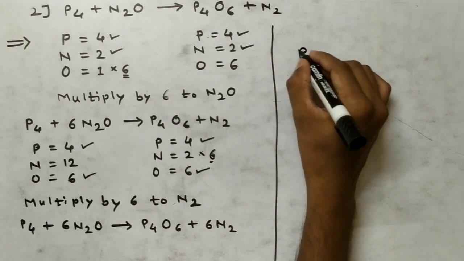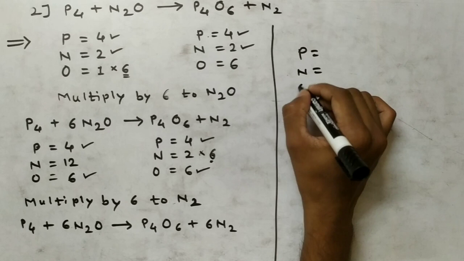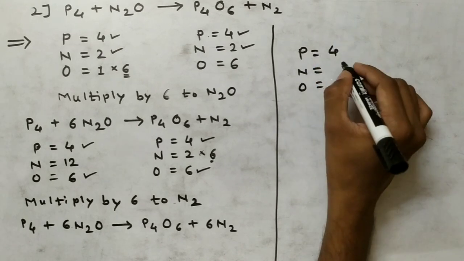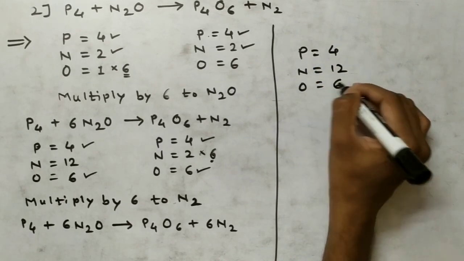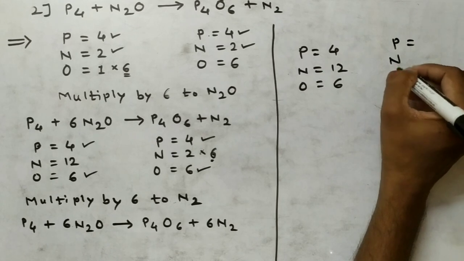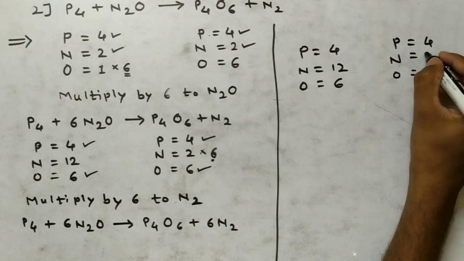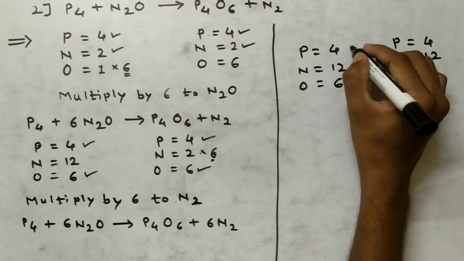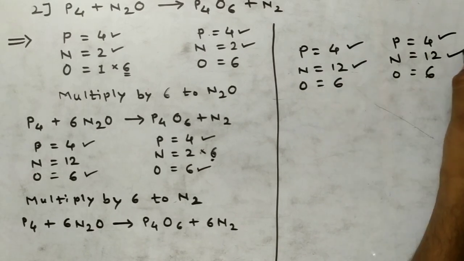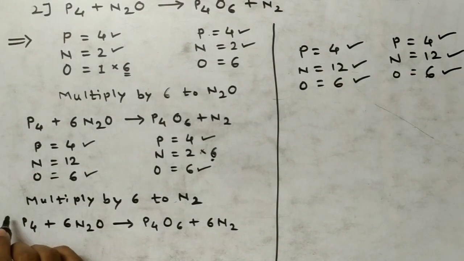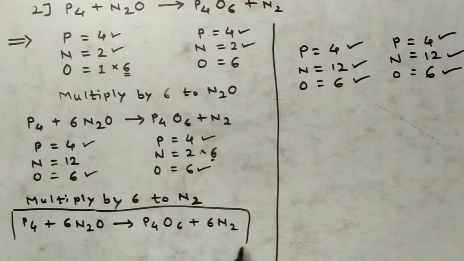So on the reactant side, phosphorus atoms 4, nitrogen atoms 12, and oxygen atoms 6. And on the product side, phosphorus atoms 4, nitrogen atoms 12, and oxygen atoms 6. So 4, 4, 12, 12, 6, and 6. So this is our balanced chemical equation.